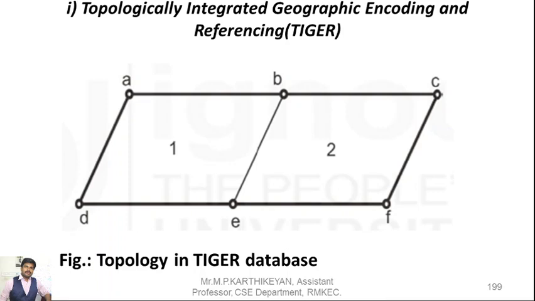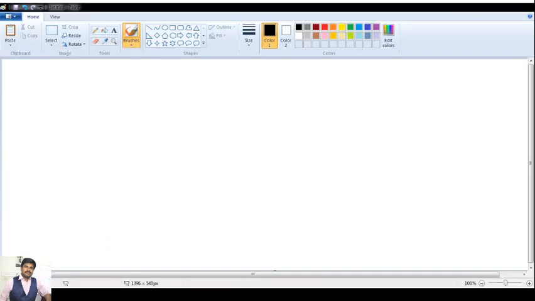Here I will tell you how data is represented. For example, let's take a line.